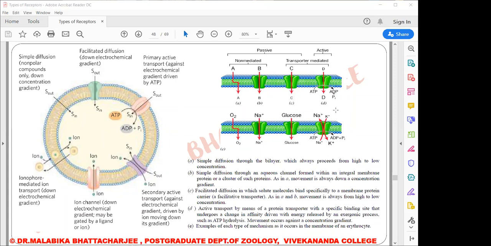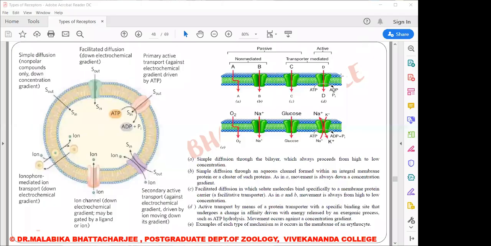And this is another form of active transport where the movement of one ion is facilitating the movement of another ion along with the breakdown of ATP. So these are the four basics, as I said: diffusion, simple and facilitated, and active transport, primary and secondary. As per your syllabus, these are the only four transports that we will concentrate on, and we will deal with the examples in the next day's class.